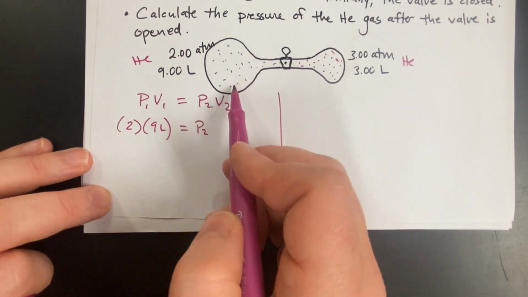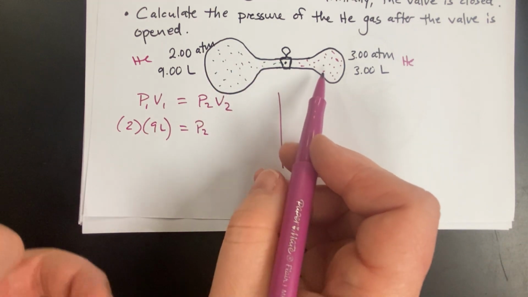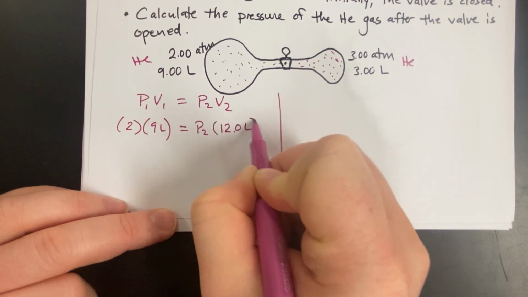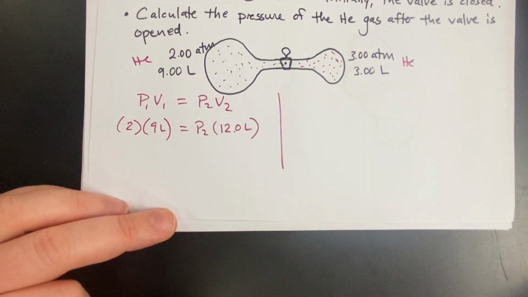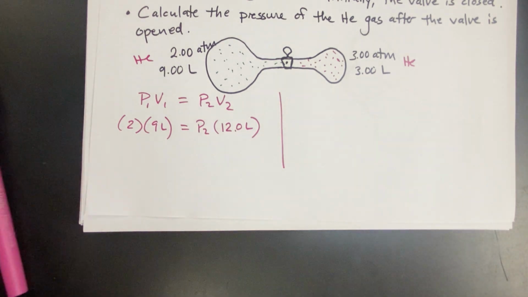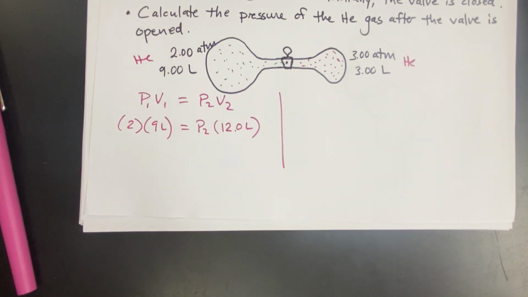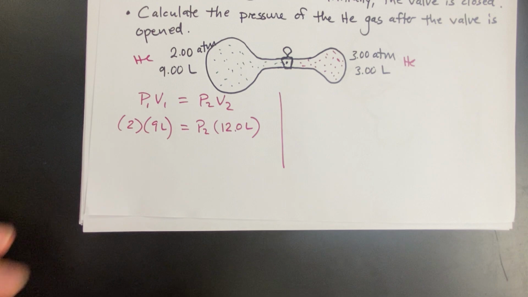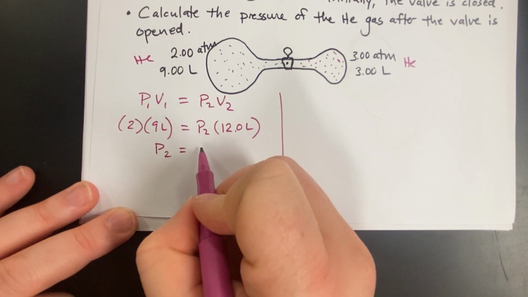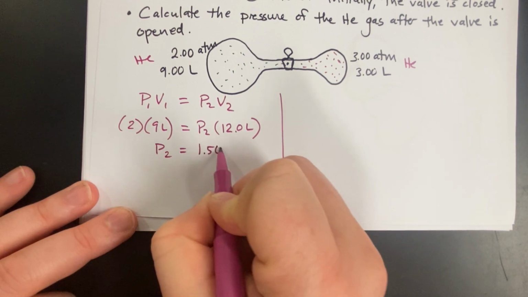Yeah, this is 9 liters, this is 3. It's like a hard glass container, okay? So you add them up, you're gonna get the new volume. That would be 12 liters. Solve for P. You get pressure is equal to 1.5.